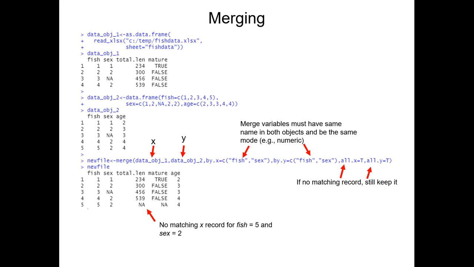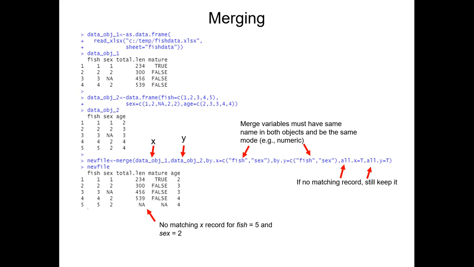The way you do this is you use the merge function. The first data frame that you want to merge the other data into is in the first position, which we will call X in this example. And then you're going to merge object 2 to that. The next statements specify the names of the variables to use as the merging variables.